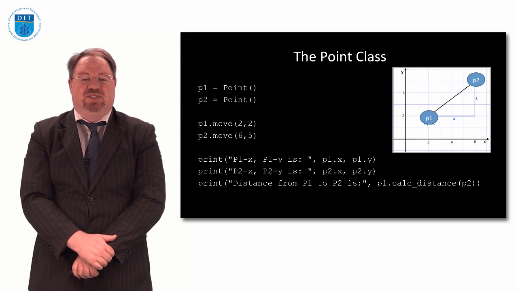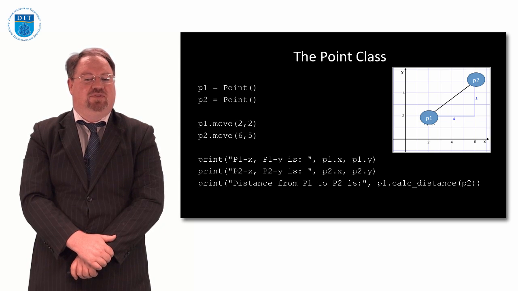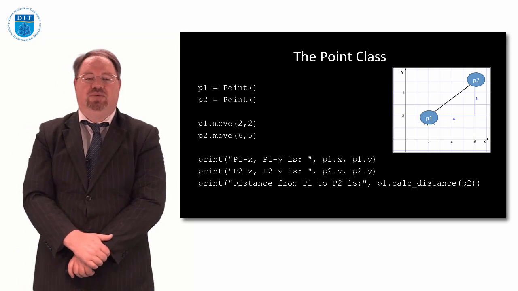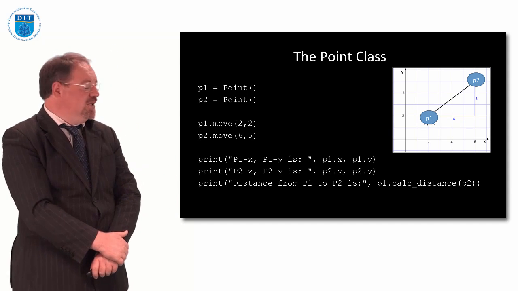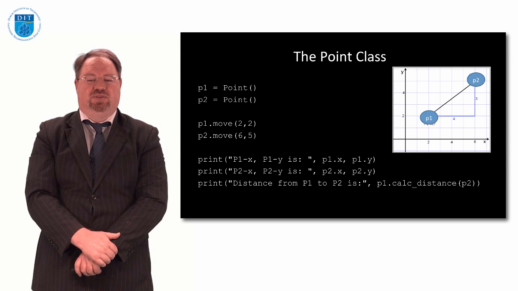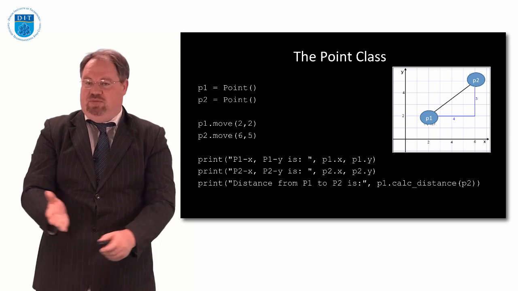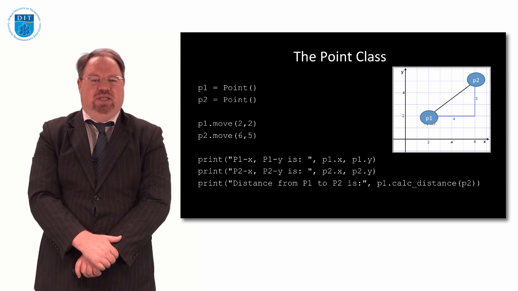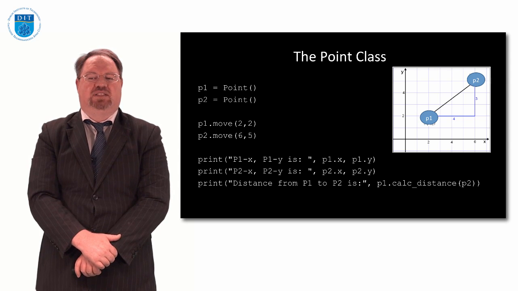So then if we want to print out those values, the first print line prints out 2, 2, the second print line prints out 6, 5, and then the third print line will print out the distance between P1 and P2. How do we calculate it? We could pick either object, but we'll pick P1 and say P1.calc distance, calculate the distance from P1 to, open brackets, P2.